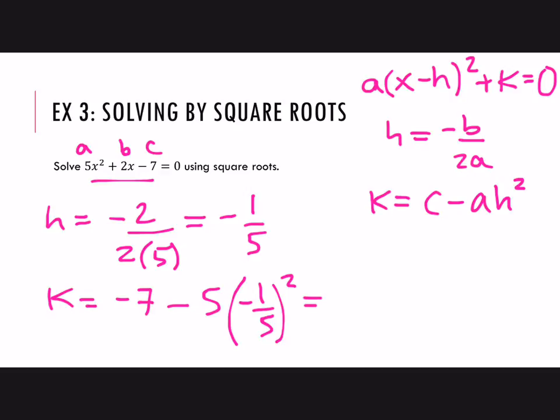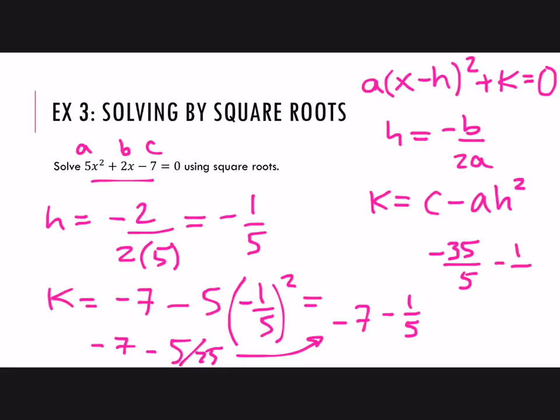You can just square the numerator and denominator, so that would be 1/25. So we end up with 5 over 25, and then that's negative 7 minus, and we can reduce that to 1/5. And then we needed a common denominator to subtract the fraction, so this would be negative 35 over 5 minus 1 over 5, which is negative 36/5.